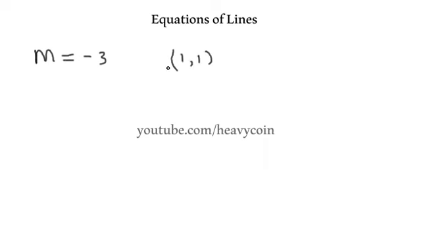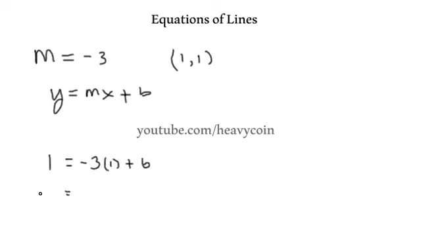We're given a slope and we're given a point, and we want to write the equation. Alright, well, we just simply do this. Take negative 3, plug it in for m. This is our x. And this is our y. Right, this is our y here. And then we just solve for b.